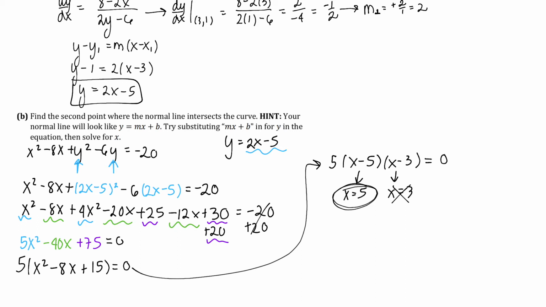And the easiest way to find our y value is to use this equation right here. So y is equal to 2 times 5 minus 5, which will give us 5. So we have the point 5, comma 5.